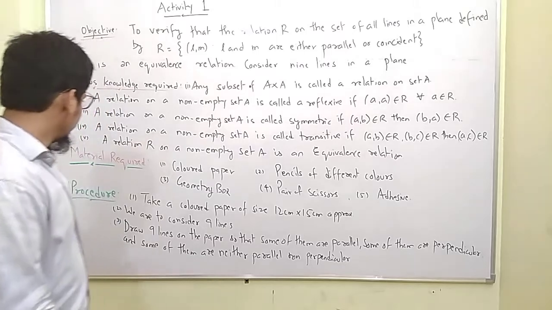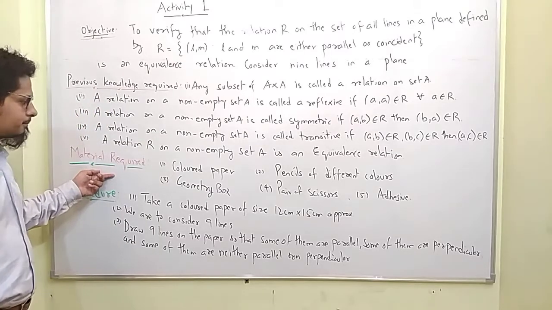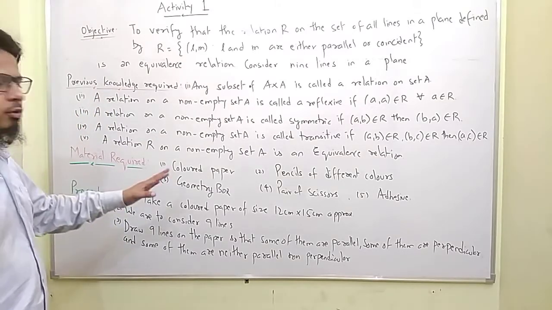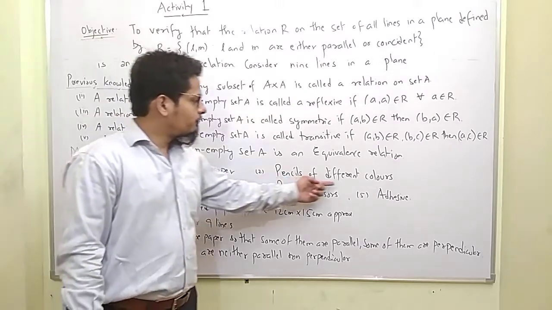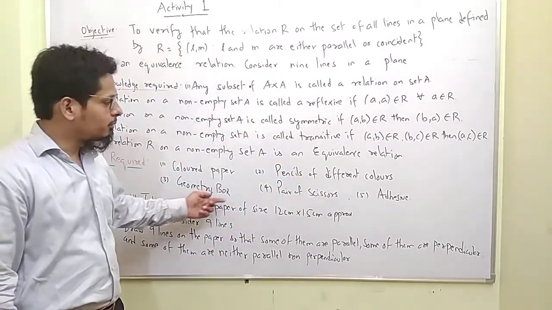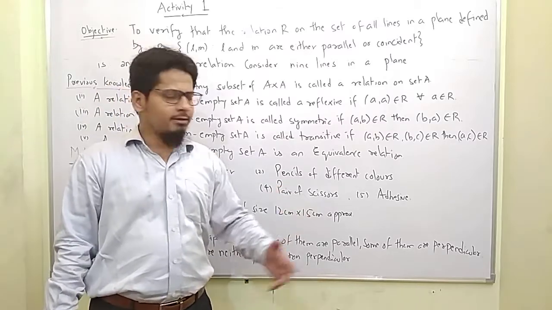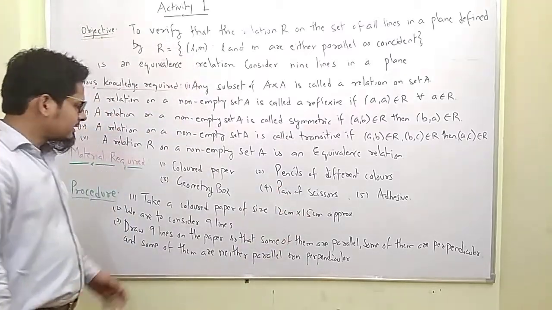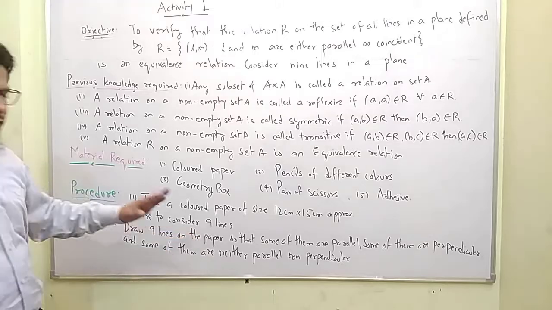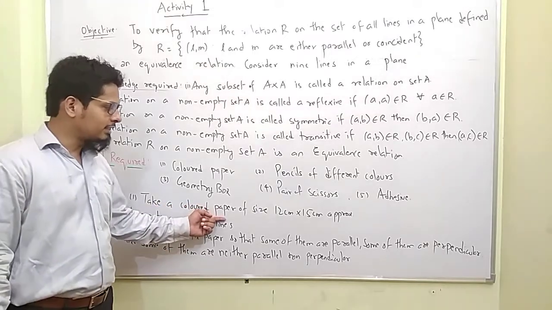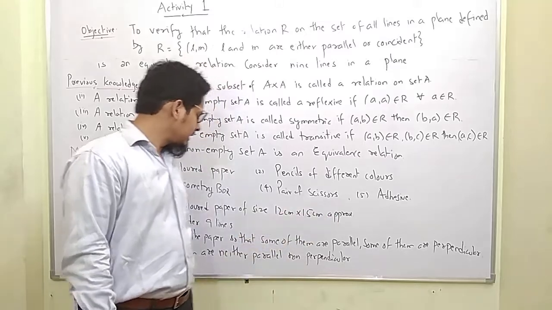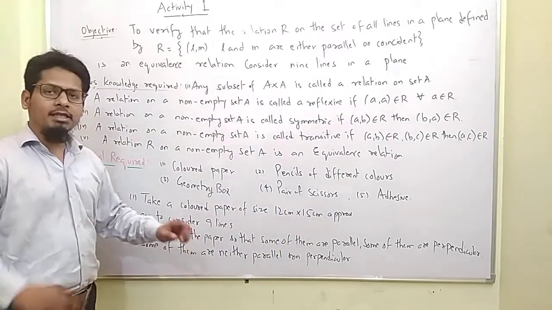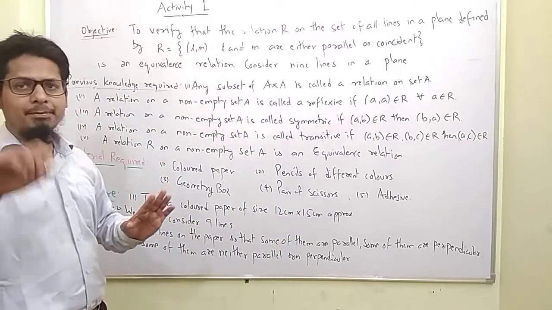Okay, so class, the things required for the activity are colored paper, pencils of different colors, a geometry box, scissors, and adhesive. And now the procedure starts. First, take one colored paper of approximately 12 by 15 centimeters, and draw any 9 lines on that paper.